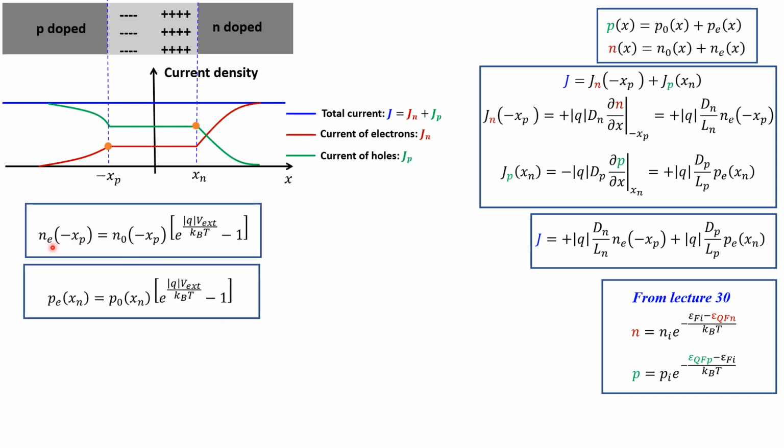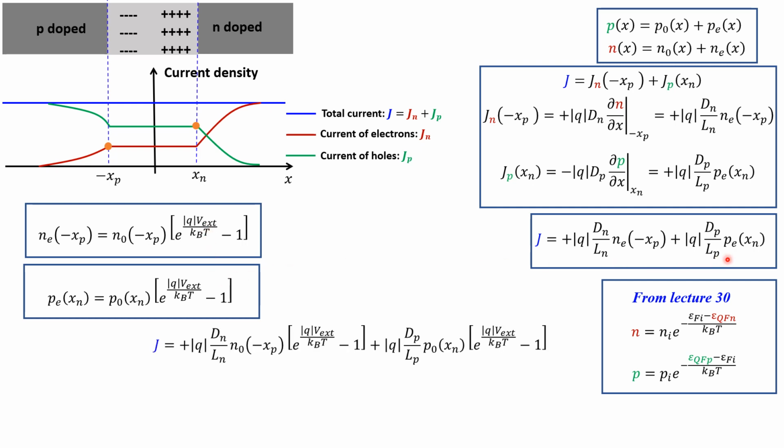So we have now concluded our main job, which was to find the excess concentrations in terms of the external voltage. All we need to do is replace these two expressions over here to obtain the current in terms of the external voltage.